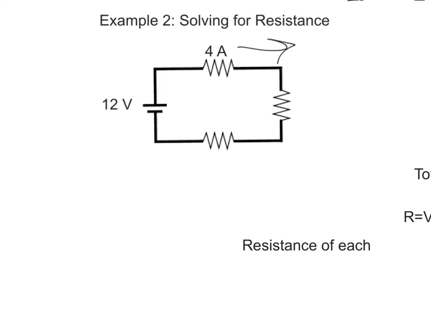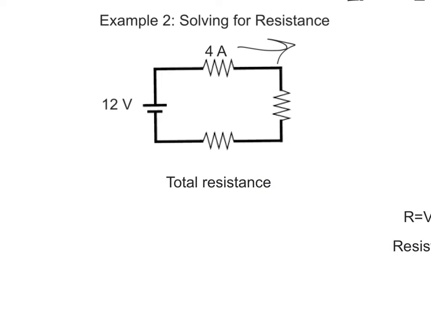Okay? So, first thing we're going to do is we need to calculate the total resistance. Notice we have three resistors. So what we can do is first use this equation, resistance is equal to V over I, and that will tell us what our total resistance is.